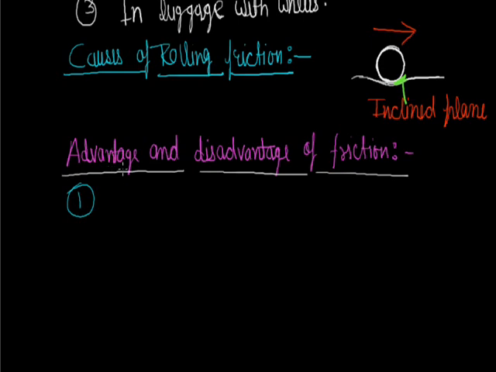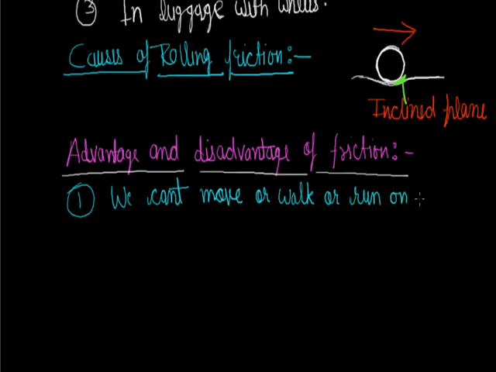So we can say the first point is we can't move or walk or run on the surface in the absence of friction.